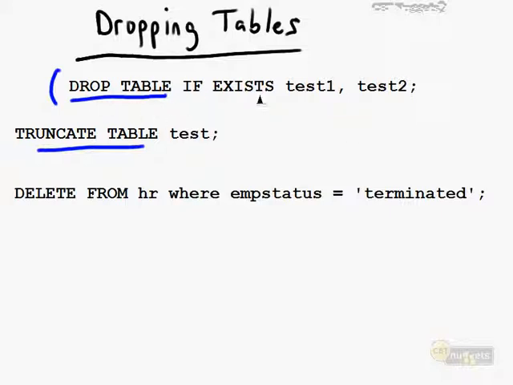Drop table if exists. Remember, if exists checks to make sure that those tables do exist in the database and suppresses an error message if they are not found. Drop table if exists test1, test2 will, without any further confirmation, nuke out those entire tables. And we're talking, they're ripped out right from the roots.